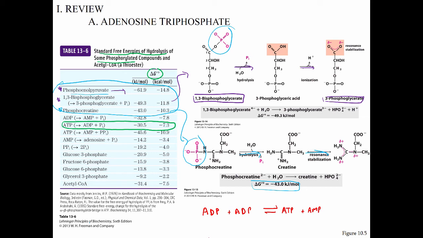There's an enzyme called adenylate kinase that will do this. It's found in all your cells, and it holds this reaction in equilibrium, so that if ADP concentrations are going up, you can make ATP and AMP from that. If AMP concentrations are going up, you can make ADP from ATP. It holds this reaction in equilibrium, and Le Chatelier's principle takes over from there.